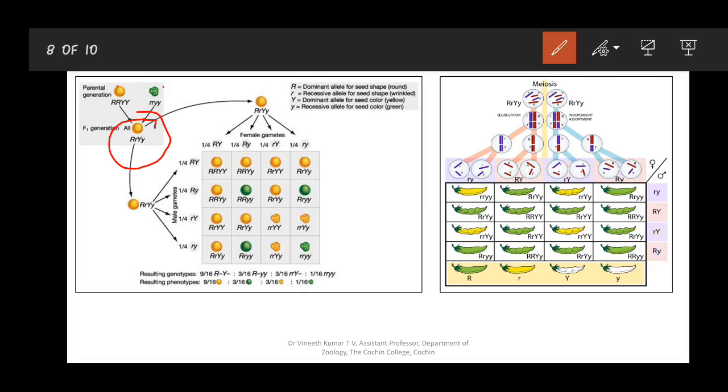Before moving on to the details, we'll see the cytological explanation of each step, the same pattern as we saw for the monohybrid cross, for which we'll see how the parents generate the offspring of the F1 and how the F1 produces the offspring. That is what we are going to see in the cytological explanation. So we'll see that and come back.